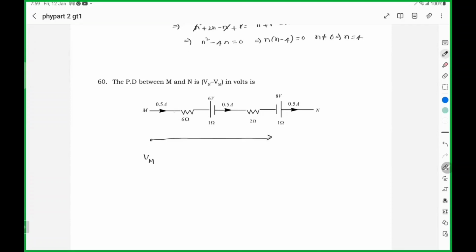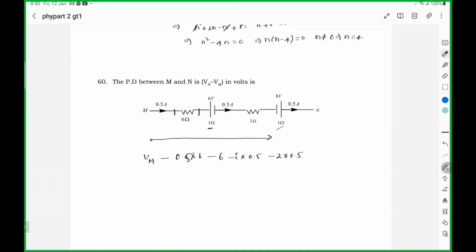There will be a potential drop across the resistance, that is 0.5 into R. If current moves from higher potential to lower potential, there is a potential drop, and the battery has internal resistance, due to which there is another potential drop, here 2 times 0.5.